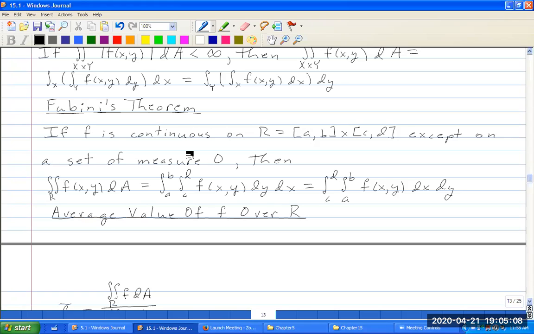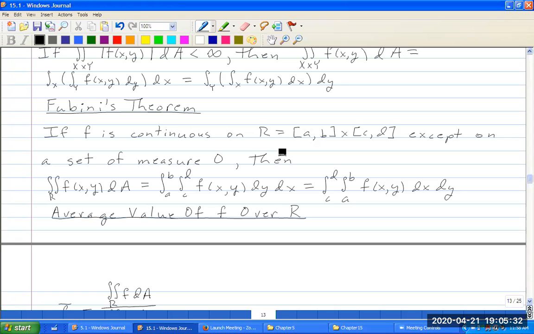So it's continuous everywhere except for a few points. And those points only accumulate to something having no volume, no area, and so it really doesn't make a difference in this integration. And so because it doesn't really make a difference, we can disregard it.